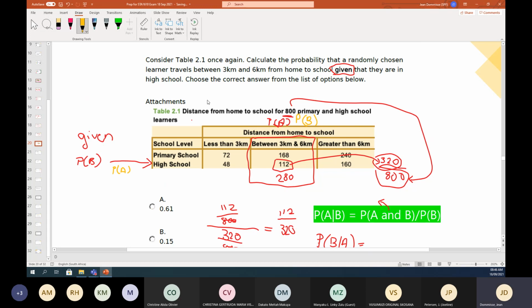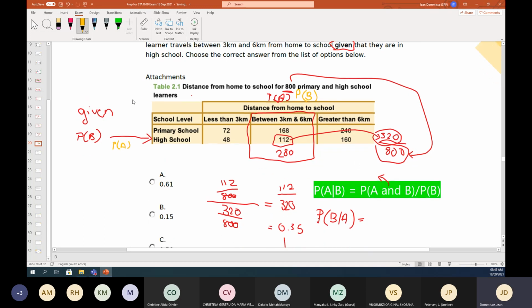That nearly stays the same. Sorry, I now made it. That will give me the same answer. So let's just rephrase it here.